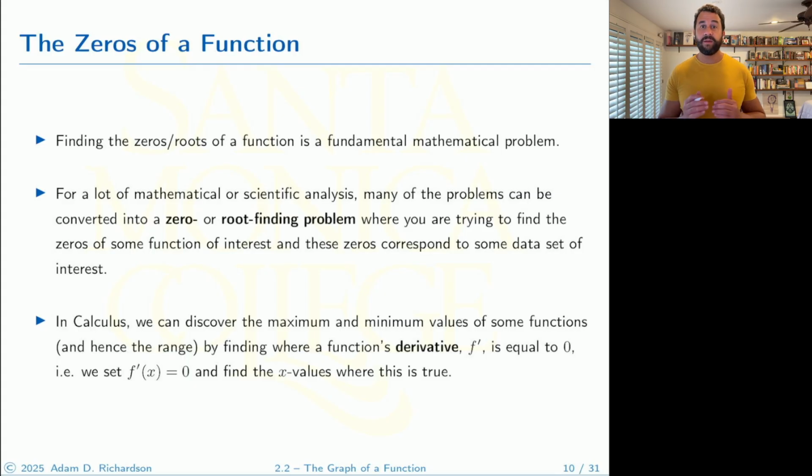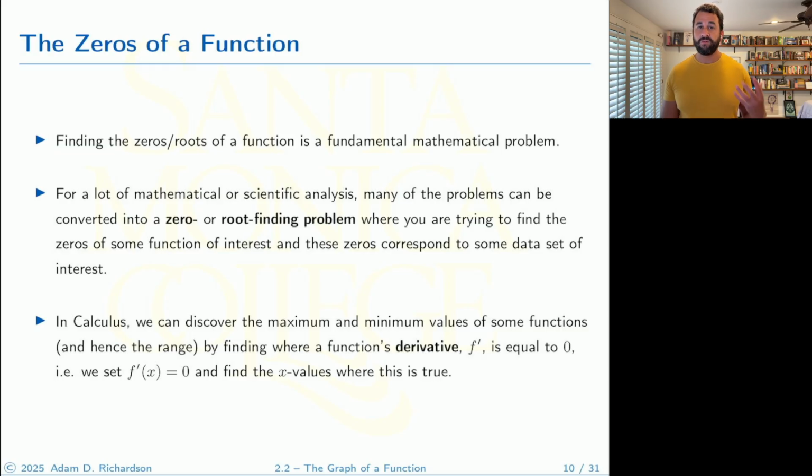Now, why do we care about this? This is an important idea. This is one of the most fundamental mathematical problems, and for many of you, you're going to use it a lot in your careers and in your STEM courses. So for a lot of scientific analysis, a lot of the problems that you work on can be converted into what we call a root finding problem. Basically, you want to find the zeros of a function, or you want to find the roots of an equation.